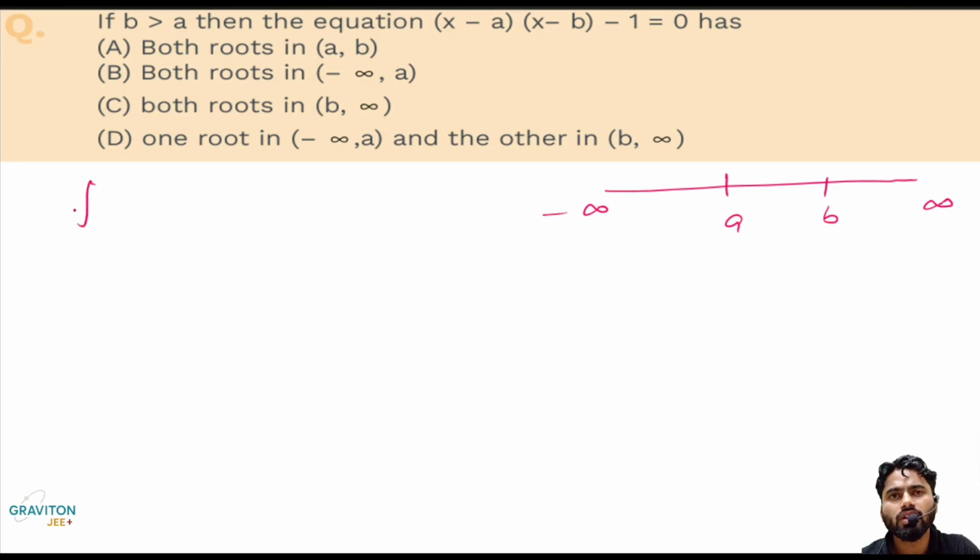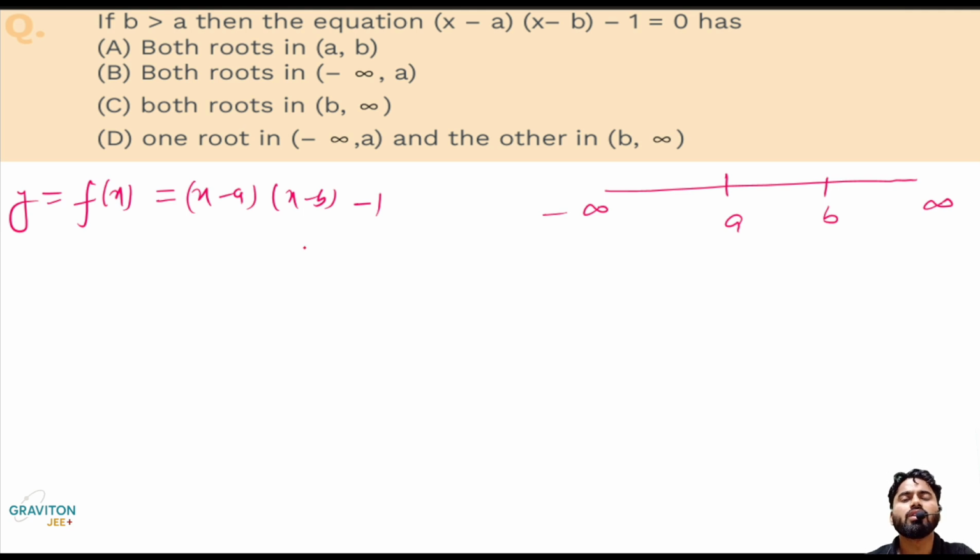So take f(x) equal to what is given, y equal to f(x). You have been given (x minus a) into (x minus b) minus 1, right? So they are asking which root of the equation is lying in which interval. Now look at this expression.